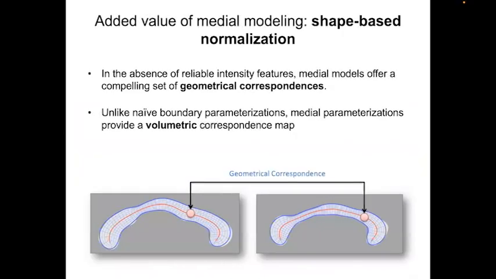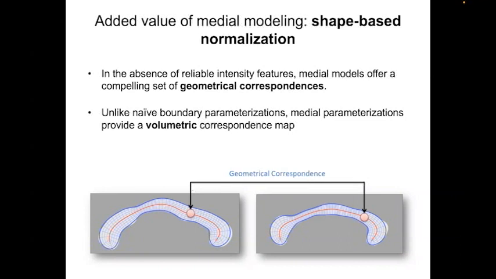But if the intensity is almost constant in a structure, like the corpus callosum, if you look at it in a structural MRI scan, then deformable registration gives you kind of hard to predict deformations. So one part could stretch out more, one part could stretch out less.